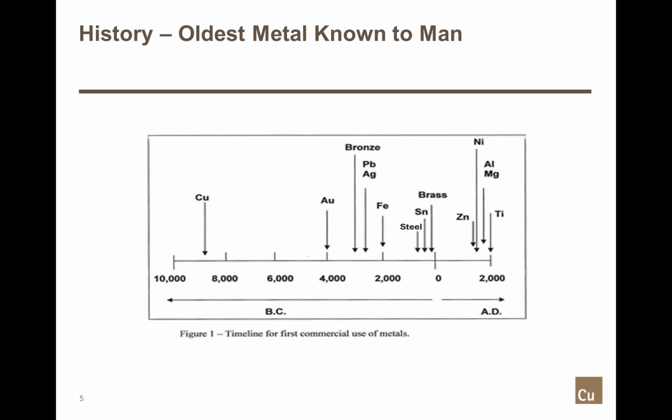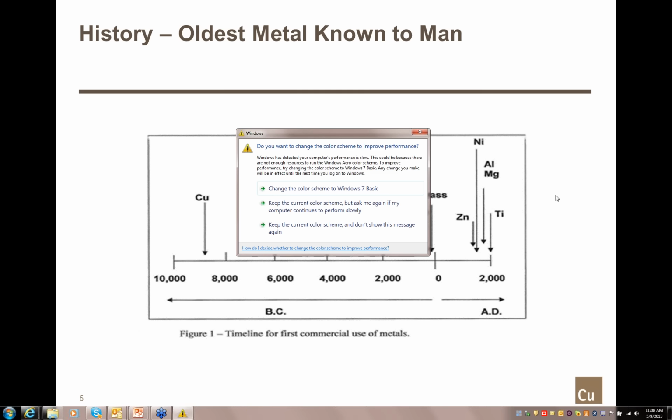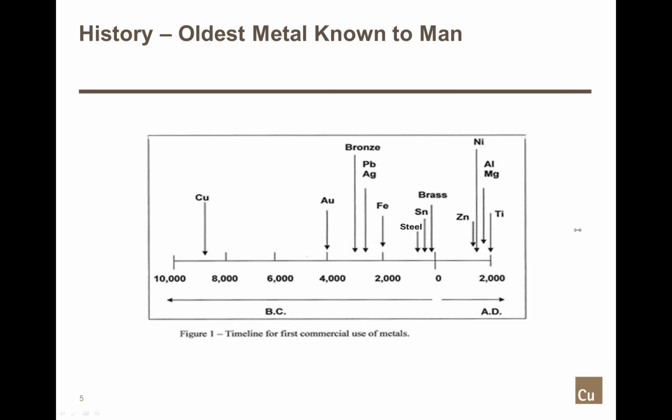Iron was discovered approximately 2000 BC. And steel, or what we call steel these days, which is iron with carbon, was developed or discovered around 700 BC.